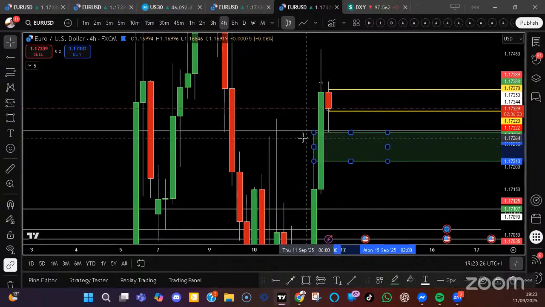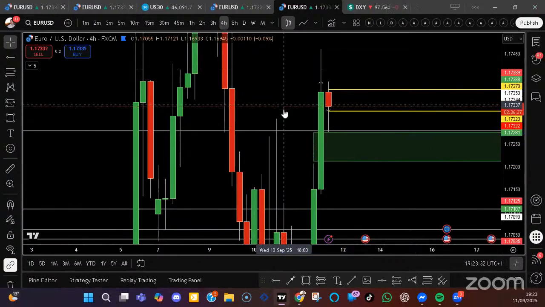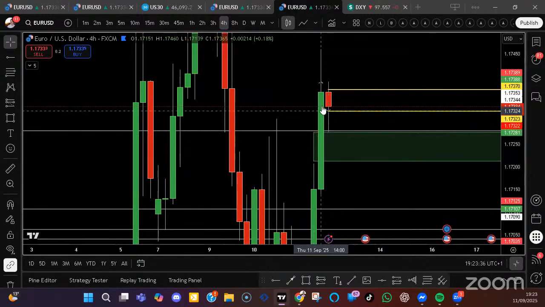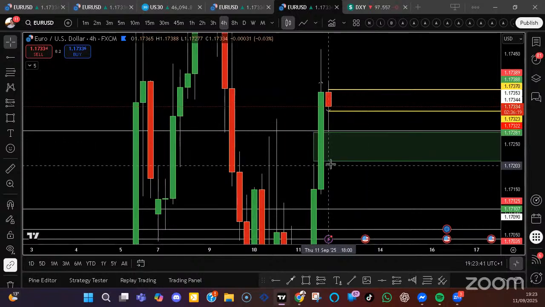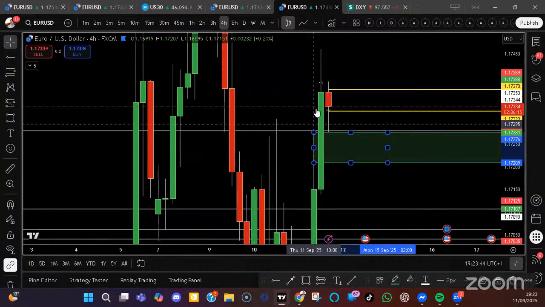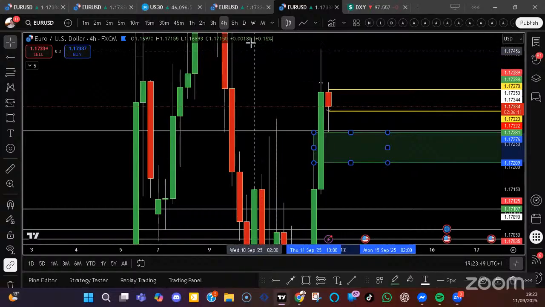But there's no time for them to do that. But we know it's got to be filled eventually, and they've come down and tapped into it once. They could very well tap into it again, but we know that is a reverse signal. Price is indeed, that's an imbalanced candle now.